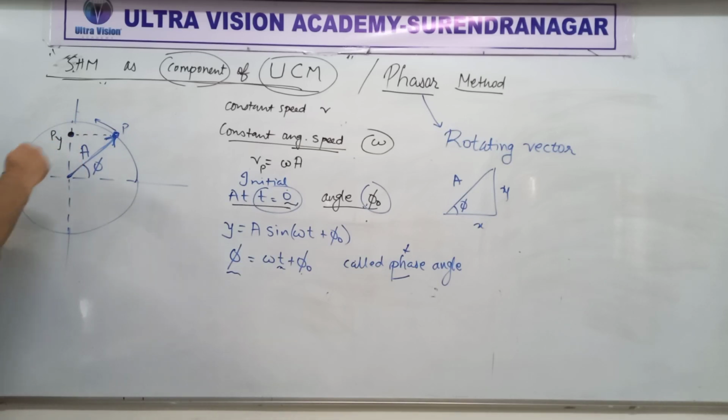Yes or no? Both will meet here. Then what will happen? Then P will go down like this. As P goes down, Py will also go down. After some time, both will be here. Does this make sense to you?